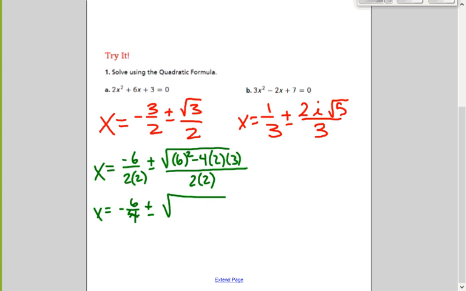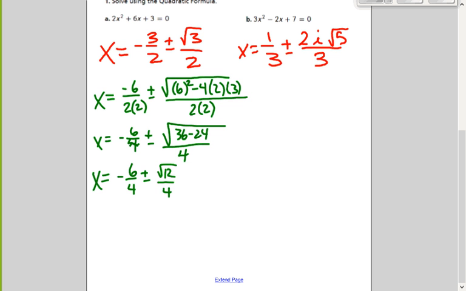Inside the square root we have 36 minus 24, which is 12. So I have negative 6/4 plus or minus root 12 over 4. And two things happen here for me to get from this to that.